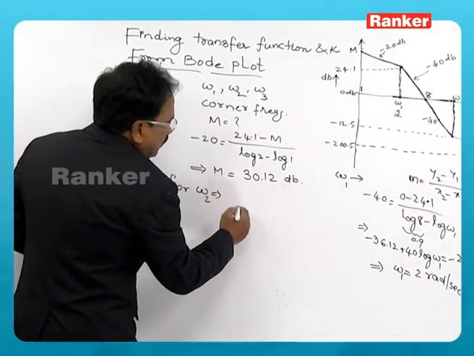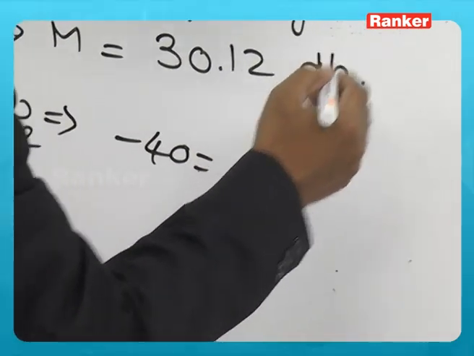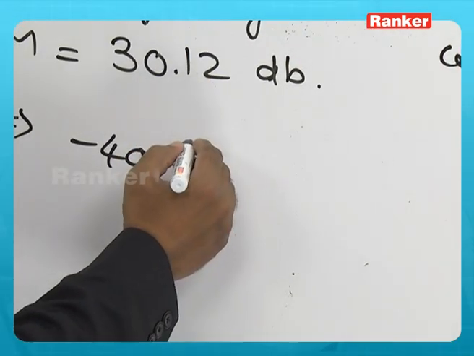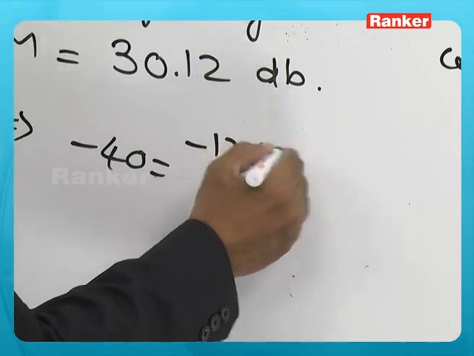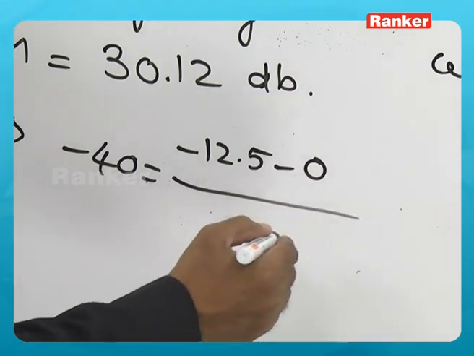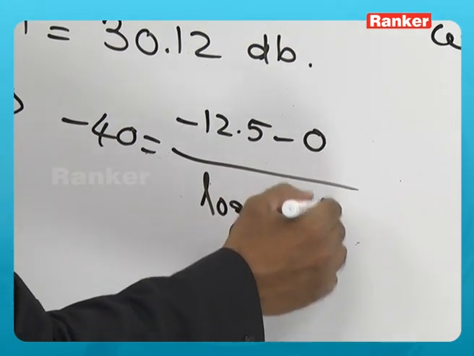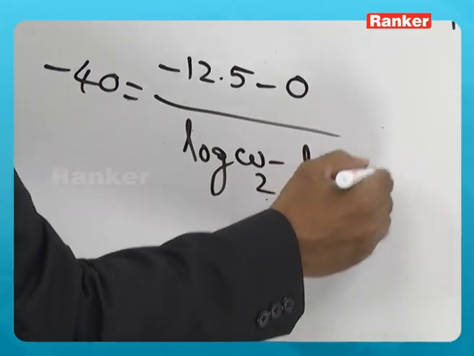So to determine omega 2, minus 40 is equal to minus 12.5 minus 0 divided by log omega 2 minus log 8.